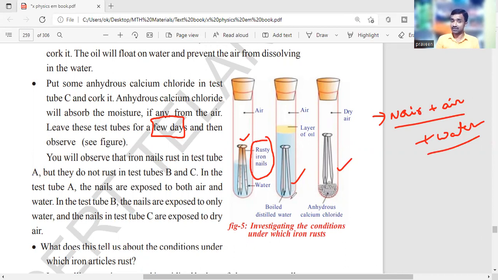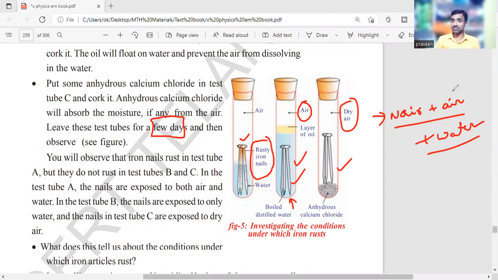Then in boiling tube B, there is no contact with the air, only contact with the water. Then in the third boiling tube C, there is no contact with the water, only contact with dry air. So due to this reason, they do not form rust.